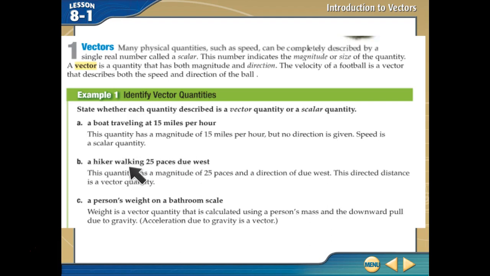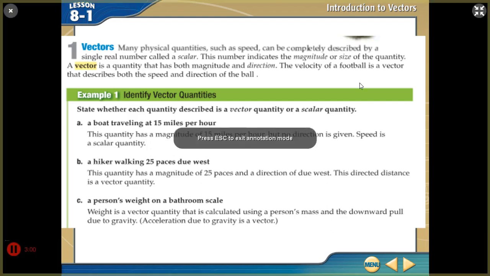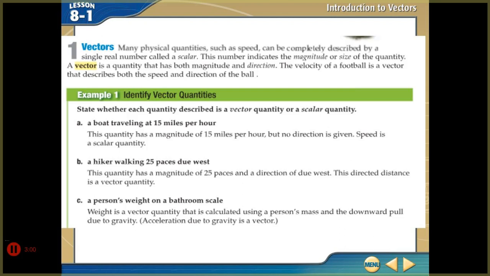If I have a hiker walking 25 paces due west, what I'm looking for in order for something to be a vector is that it has magnitude. So this is my magnitude. And then this is my direction. If something has both magnitude and direction, it's going to become a vector. The last one is maybe a little bit counterintuitive.